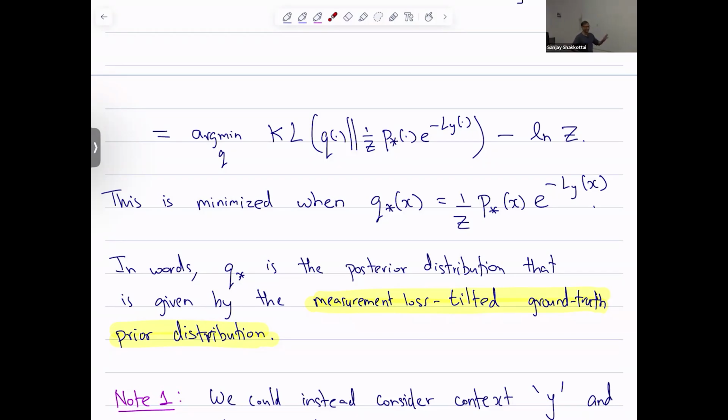So there are lots and lots of issues, but I just wanted to set this up today. I wanted to talk about the pipeline before we go into all these kinds of technical issues. We don't have in mind that P star is log concave. The canonical example is that P star is the distribution over a manifold of images, and I want to do image stylization or whatever else.